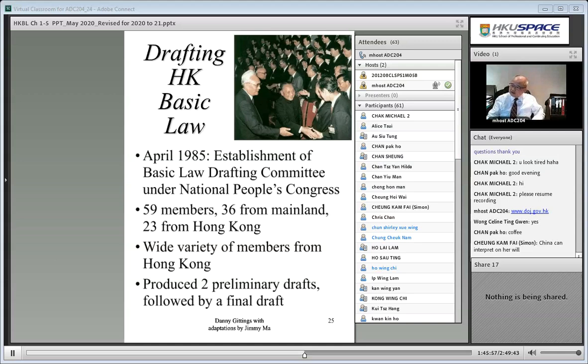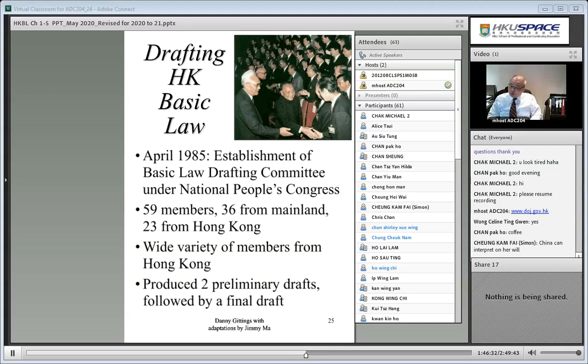In the Joint Declaration, in point number 12, it says that the basic policy of the PRC regarding Hong Kong will be stipulated in a Basic Law of the Hong Kong SAR by the National People's Congress, and they will remain unchanged for 50 years.